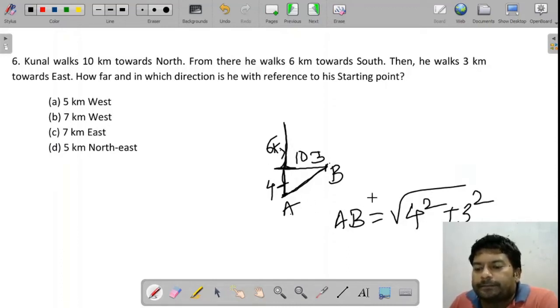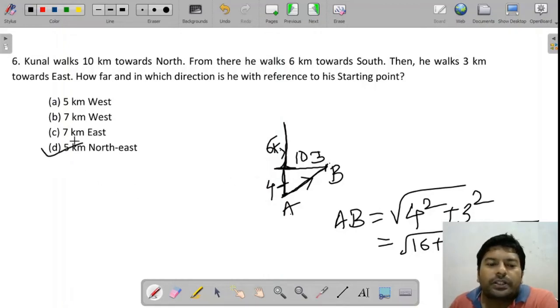That is the square root of 16 plus 9, which is the square root of 25, equal to 5. So the distance between A and B is 5 kilometers and it is in the northeast. If you compare from the starting point, he is in this direction, so northeast. So 5 kilometers northeast. Option D is the right answer for this question.